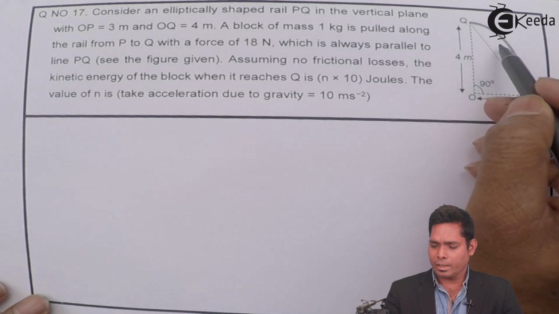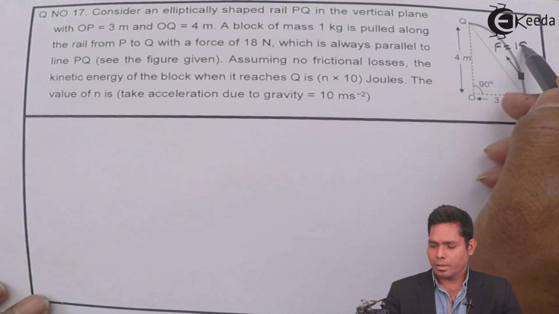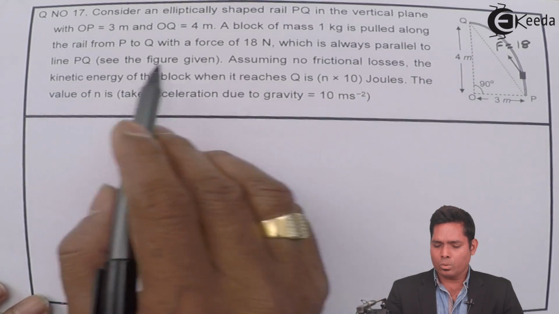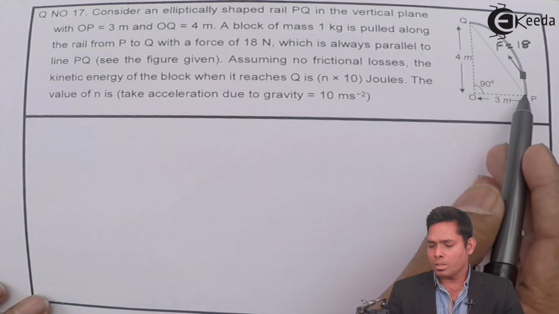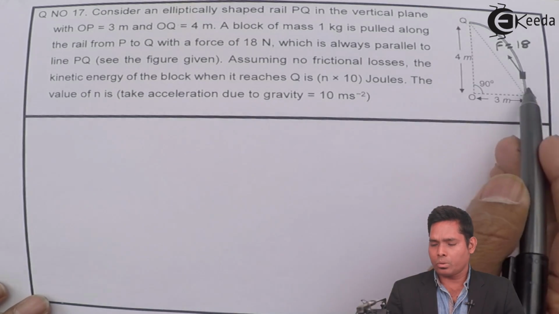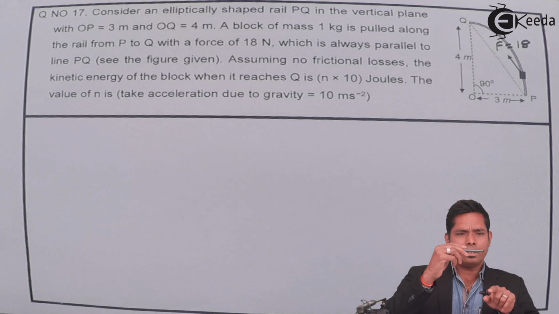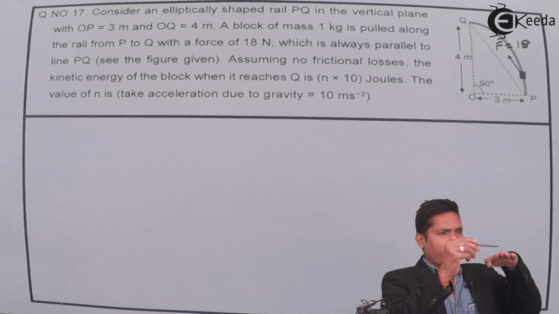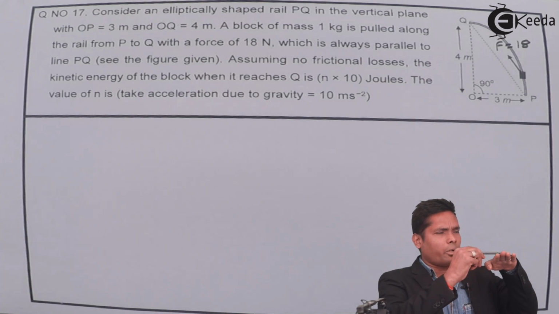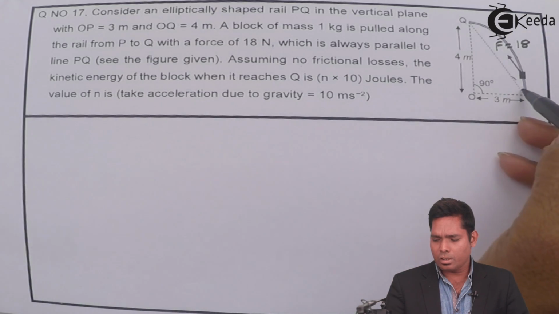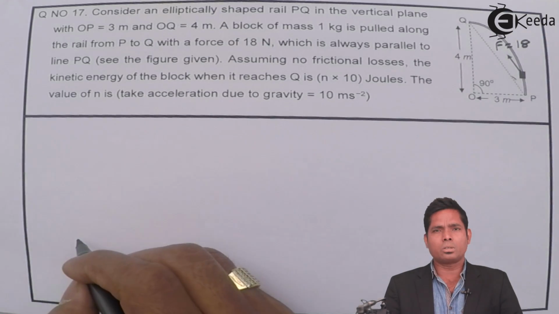So the force acting here is 18 Newton, which is always parallel to the line PQ. PQ is a line which is directly joined from P to Q. The direct line joining the point P and Q is the displacement of this block.